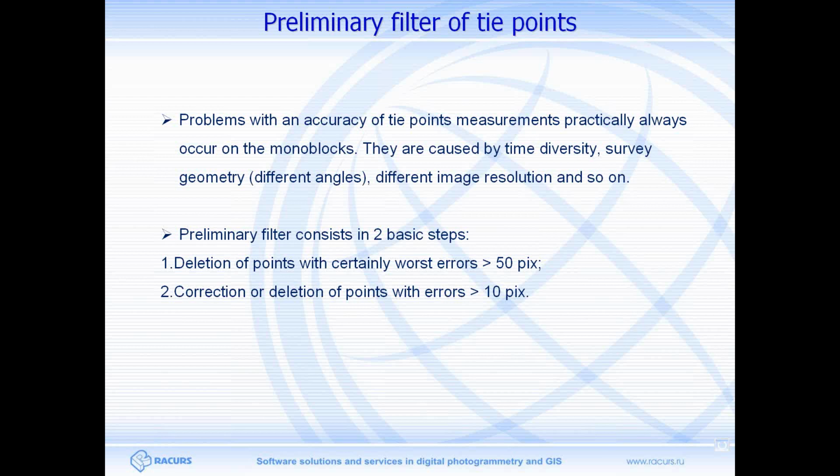So the correlator makes some mistakes, some errors, and we have to remove them, to filter the points. And the filtering is also divided into 2 steps, like blunders, about 50 pixels, and the rest of errors.